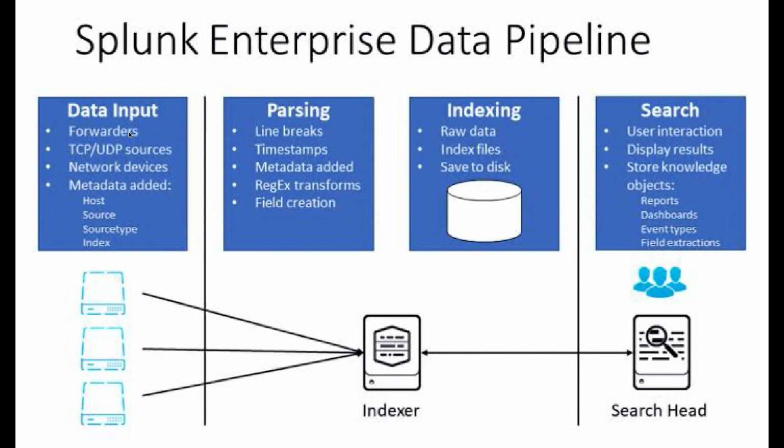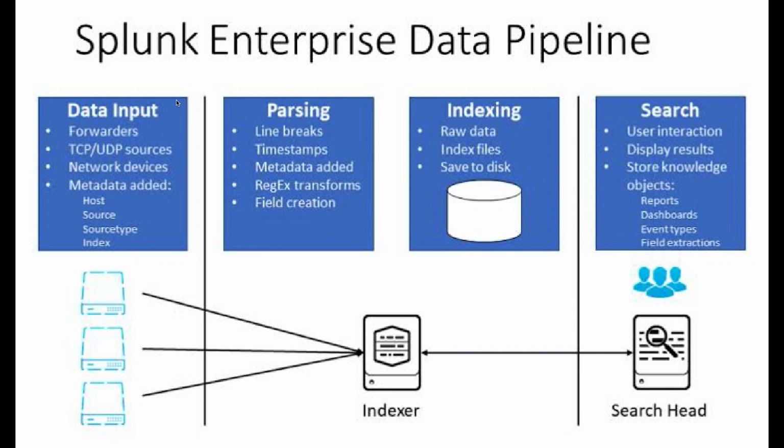The next stage in the Splunk data pipeline is indexing, and this is the point where, after your data or your logs have been processed, you can send them to something called an index. Like I said earlier, an index is basically a database that helps you store your already processed data.